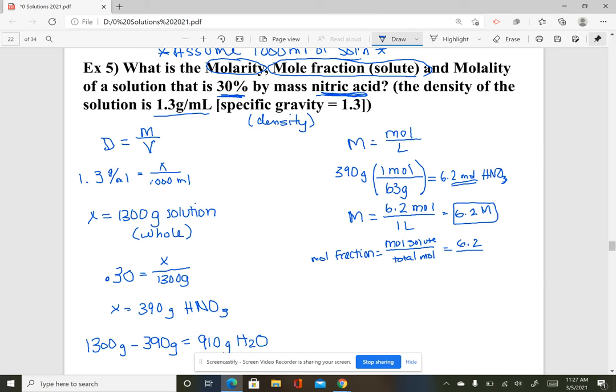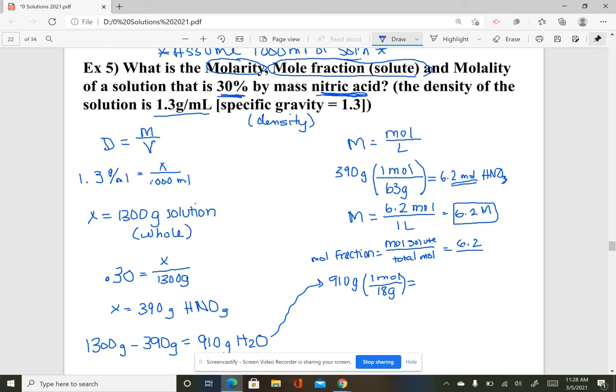Now on the bottom has to go the total moles. So what else is in this solution besides HNO3? We have water in there. So I need to figure out how many moles of water we have to get the total moles. We know that I had 910 grams of water, and I know that 1 mole of water weighs 18 grams. I know that from the periodic table.